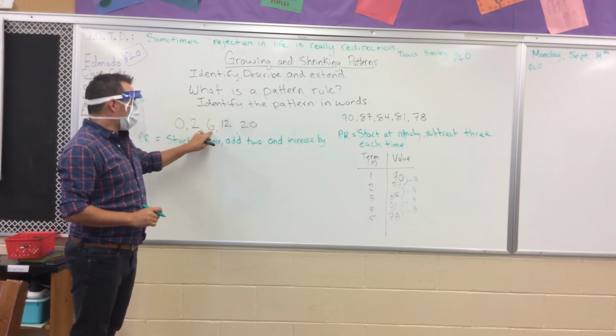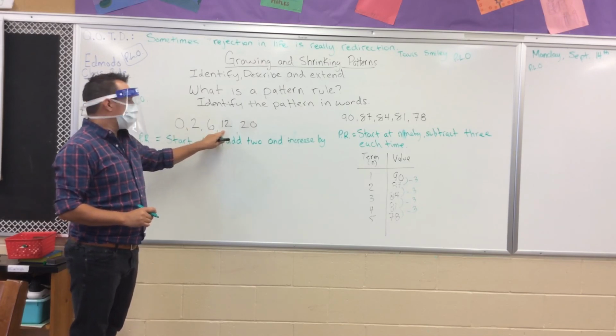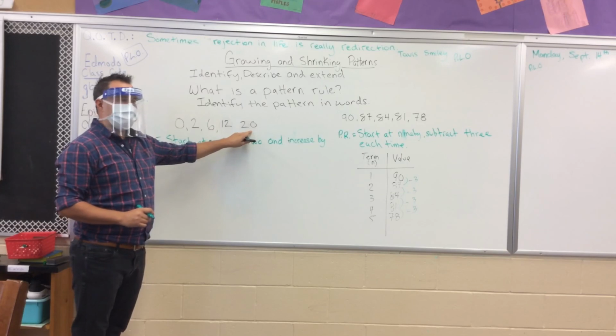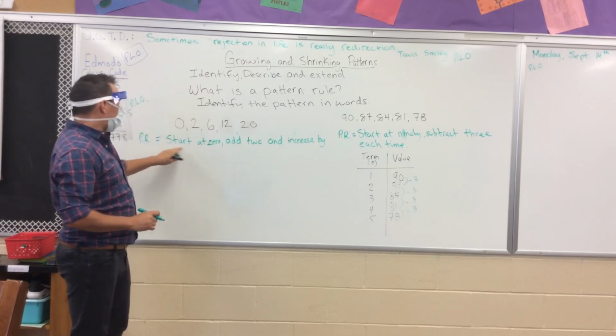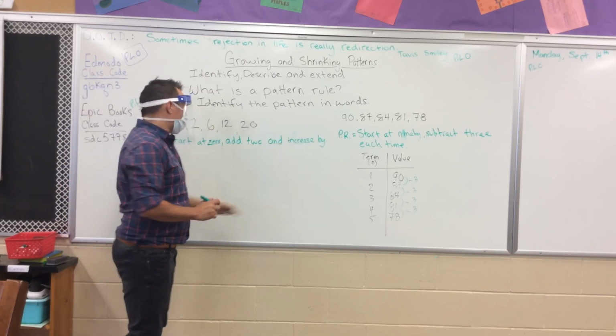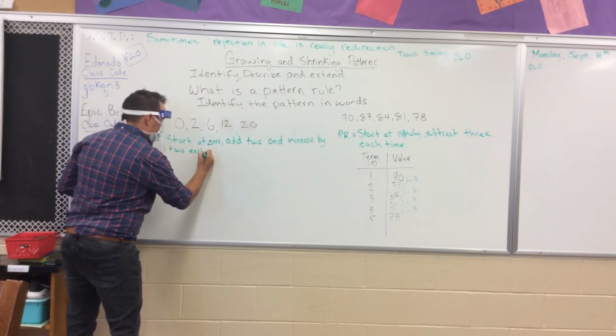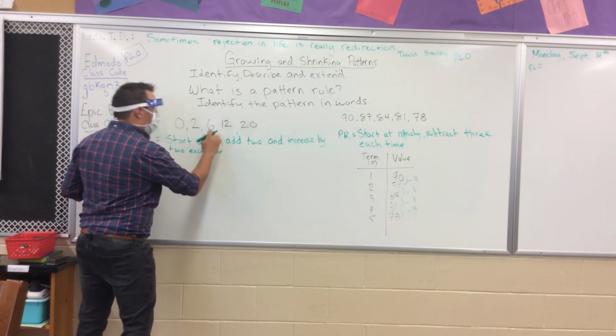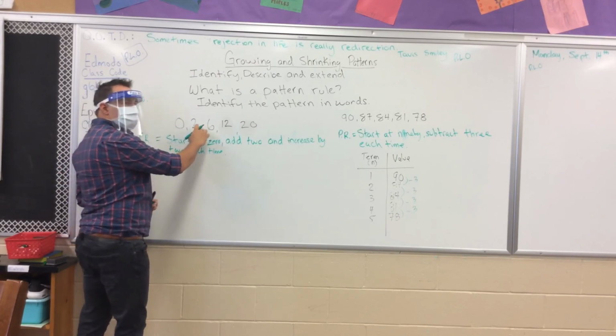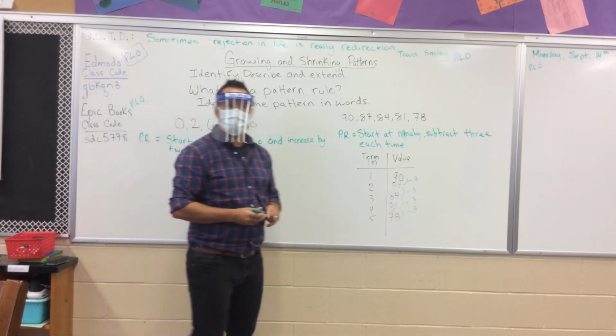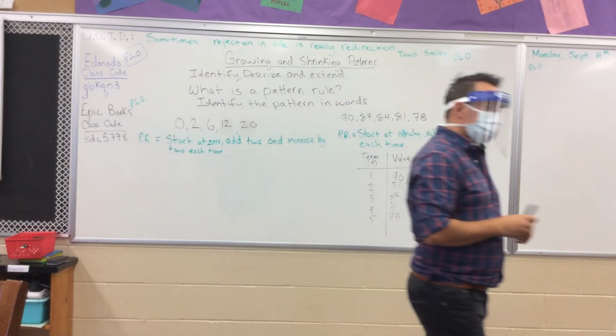This is 2, this is 4, what's this? 6. Increase by 2 each time. So start at 0, add 2, and increase by 2 each time. So we add 2, and then we increase by 2 every time we continue to go up. Does that make sense? Okay.